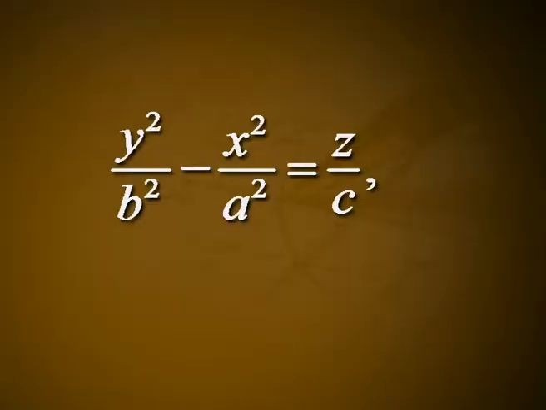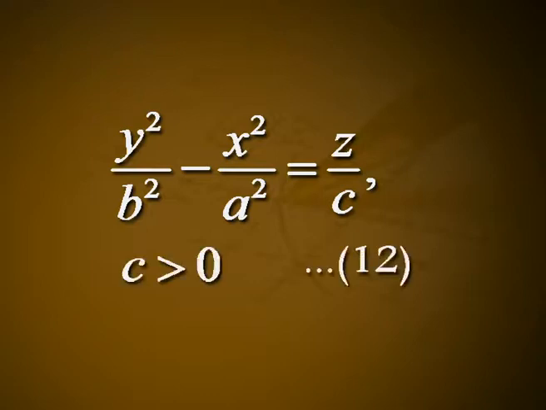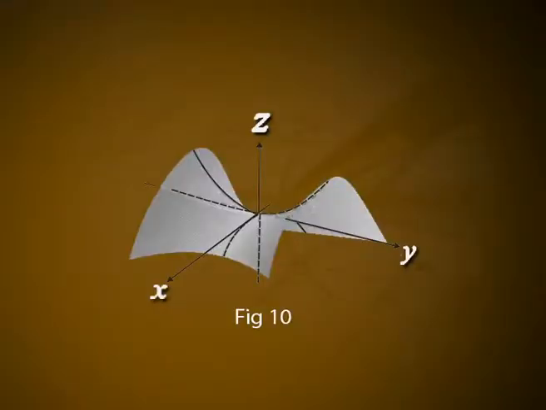Example 11. The hyperbolic paraboloid y squared by b squared minus x squared by a squared is equal to z by c, c greater than 0. Equation 12 has symmetry with respect to the planes x is equal to 0 and y is equal to 0. Figure 10 below.